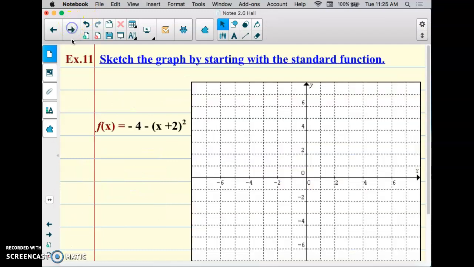One last example, example 11. It says sketch the graph by starting with the standard function. It's a square function. This is why I showed you these before. A power function, so quadratic to the second power, which is just a parabola. So I know that a parabola is a standard function. Let's call it h of x, could be anything.